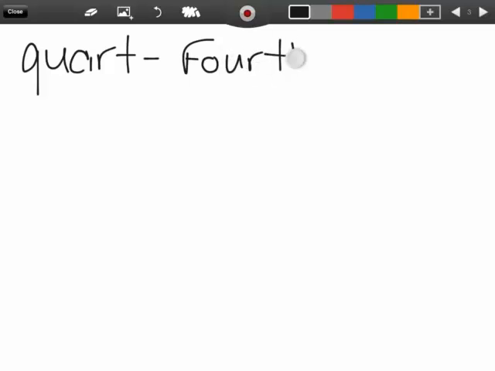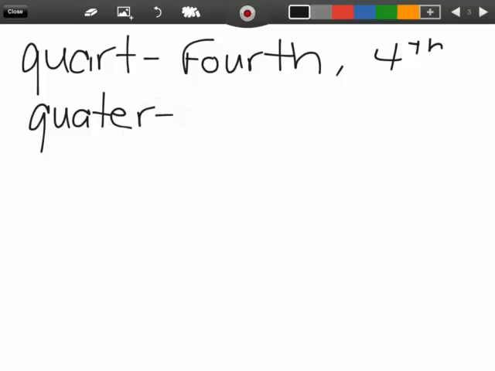which is quart, and that means 4th. I'm going to go ahead and write that here also, 4th, and I'm going to give you an example, and that is quarter, meaning 1/4.